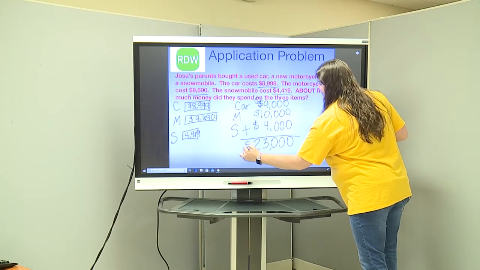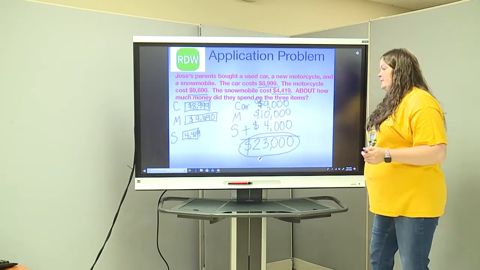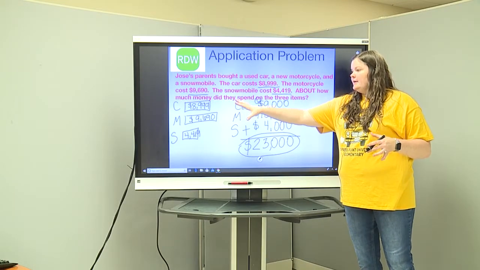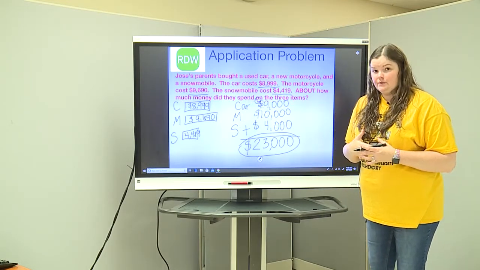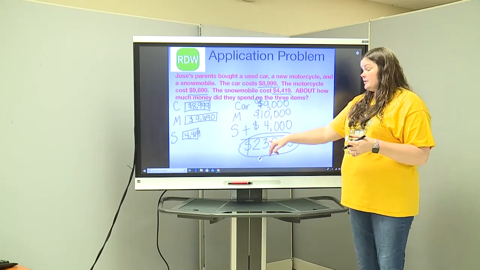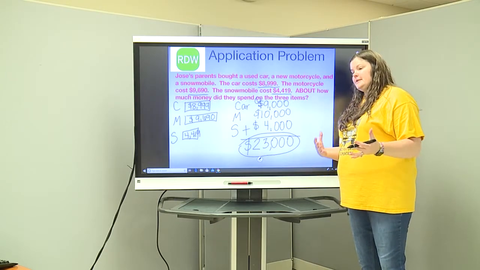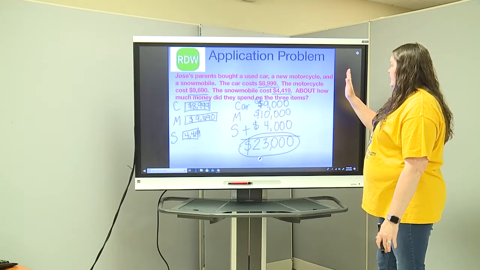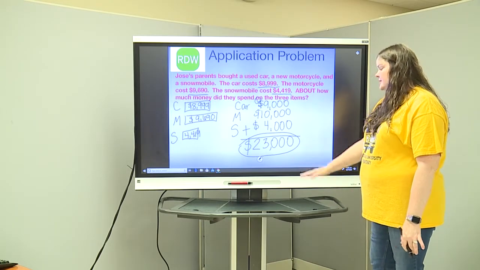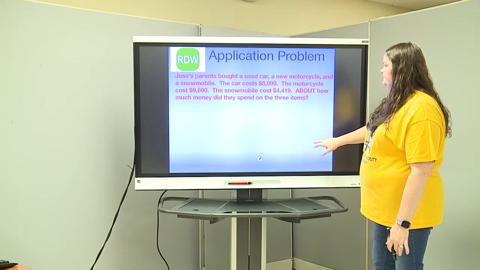So that's going to be about $23,000. Now, if we added up the exact totals, which it doesn't ask us to, but if we did to extend this problem, it's going to be pretty close to $23,000. So if we're going to write a sentence, the family, or Jose's parents, spent about $23,000 on all three items.